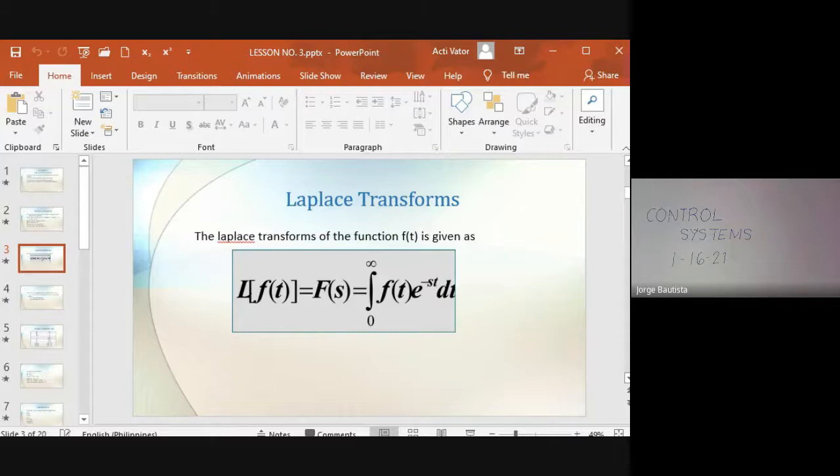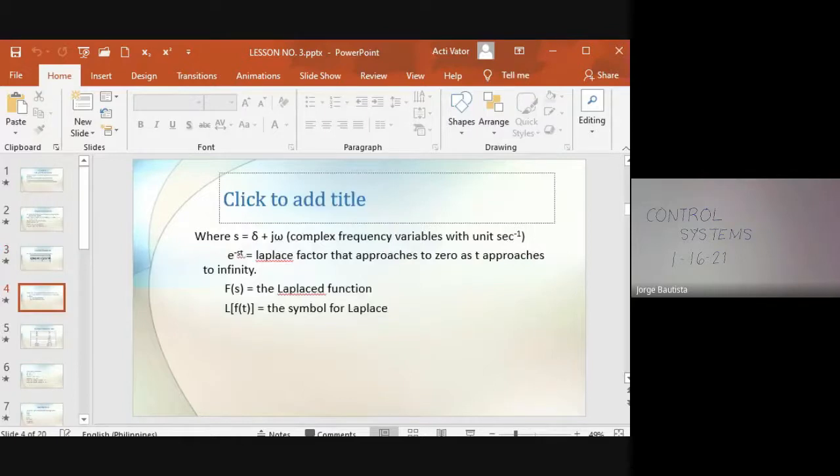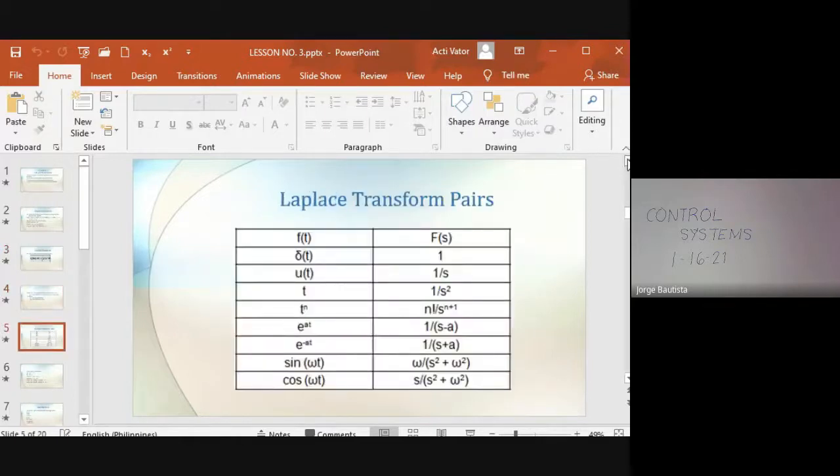Okay, so let's start, no? So last time, if I remember, we had taken up yung Laplace transform pairs. Okay? Then, diniscuss natin yung waveform that will be created by these pairs, no? Now, these transform pairs can be memorized.